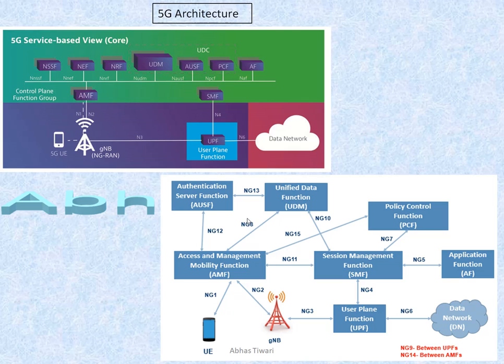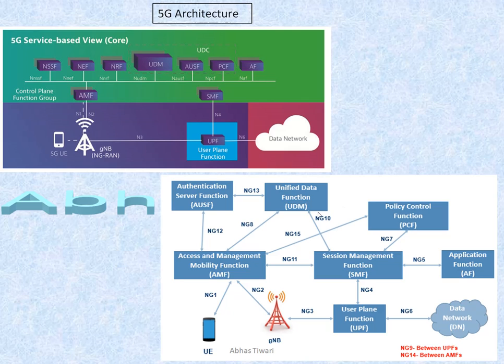So the security credentials are stored here. Subscription information is also stored here. Consider your UDM as a store for all of these security functions and keys and subscription information. Everything is stored here.